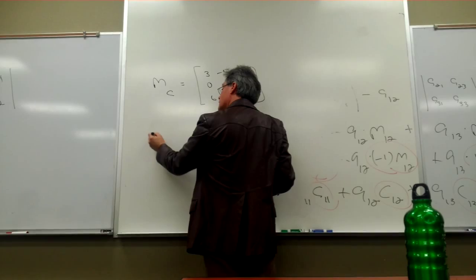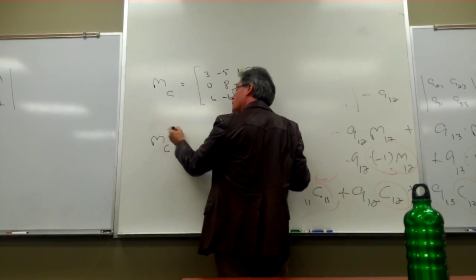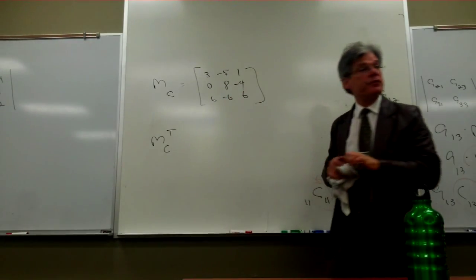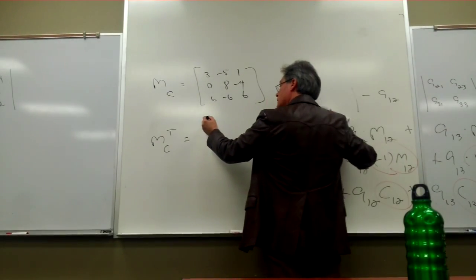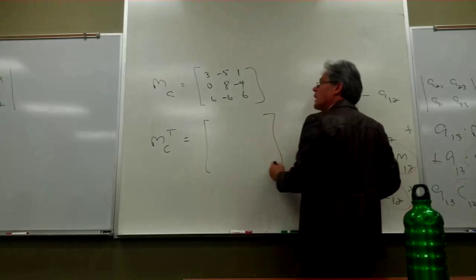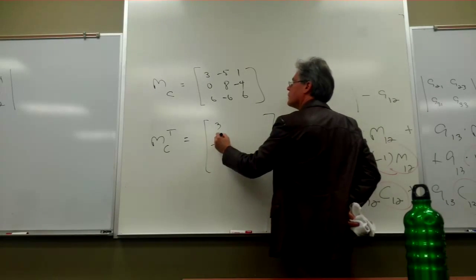What I want you to do next is consider the transpose of that particular cofactor matrix. And if you take a peek at this transpose, it's simply going to be another 3 by 3. I'm just going to interchange columns and rows.